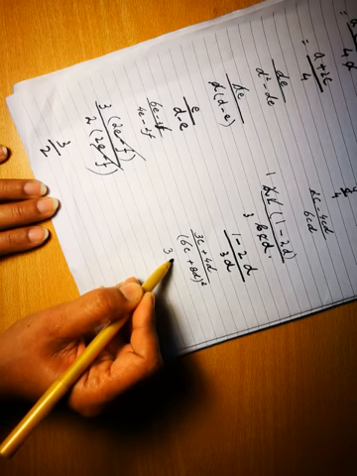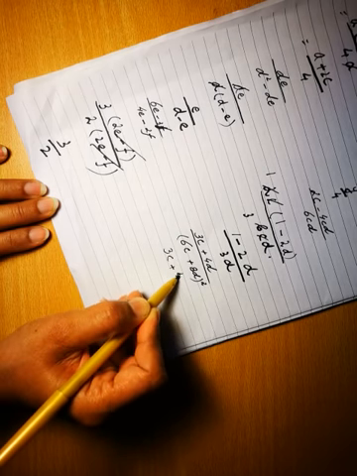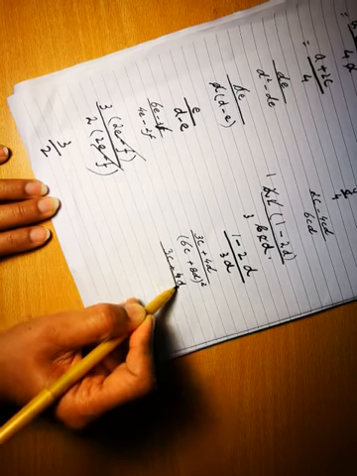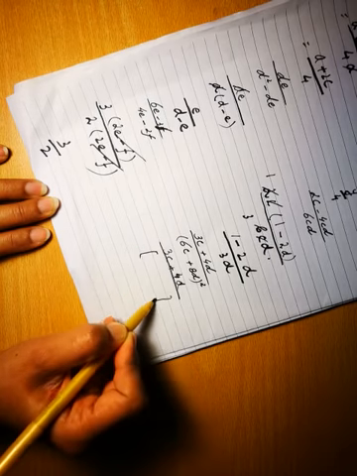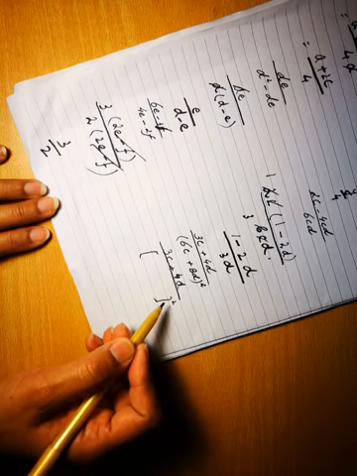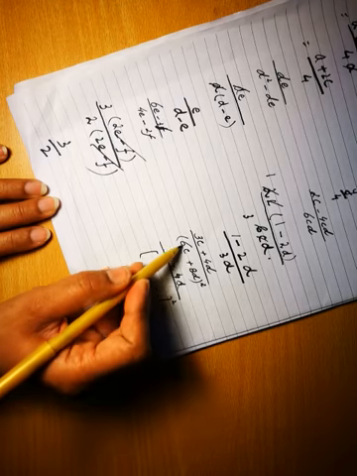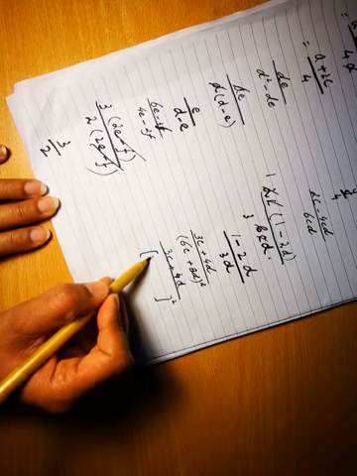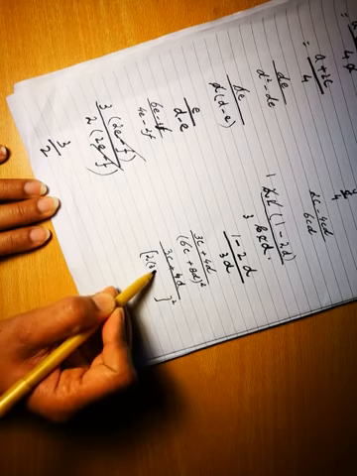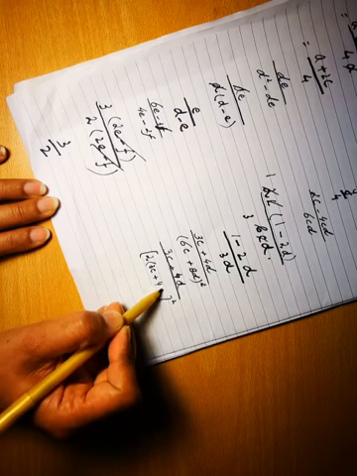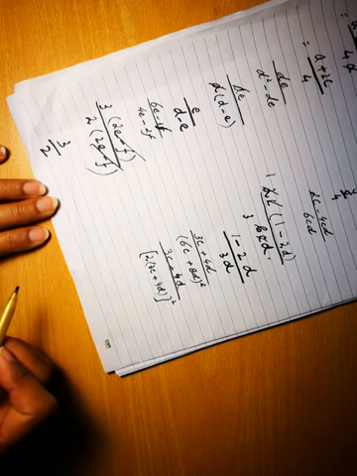The easiest way is you just take a bigger bracket, write square on top of it, and from this bracket you take 2 common and you will be left with 3c plus 4d inside the bracket.